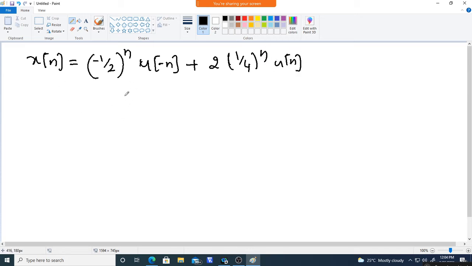Here u of minus n exists between minus infinity and 0, and the other exists between 0 and infinity. Take that and try to find X of z.